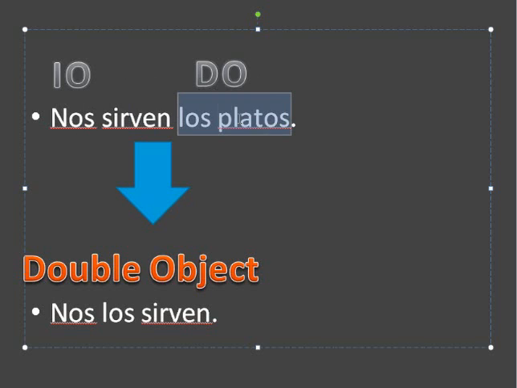And then the direct object, what they're actually serving, is los platos. So what we want to do is replace this los platos just with los. So the double object pronoun is going to be they serve them to us. So nos los sirven. So indirect, direct, verb.